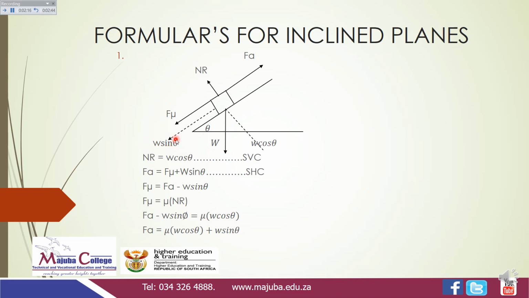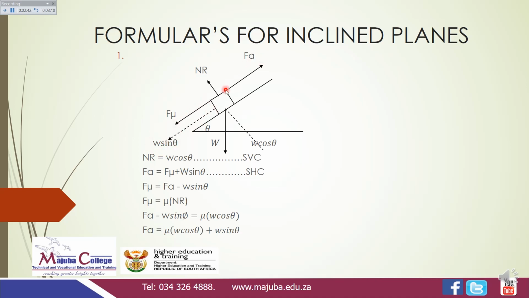So now, how do we calculate the magnitude of FA? FA is the force that pulls this object up the incline, but parallel to the plane. If you look, FA is going up, it will be opposed by FU and the W sine theta, which are two forces going down.